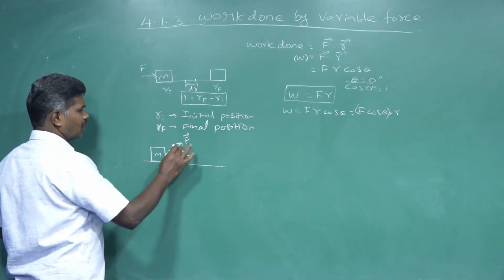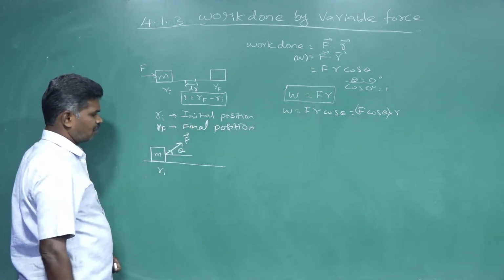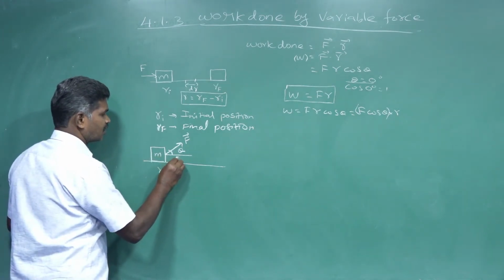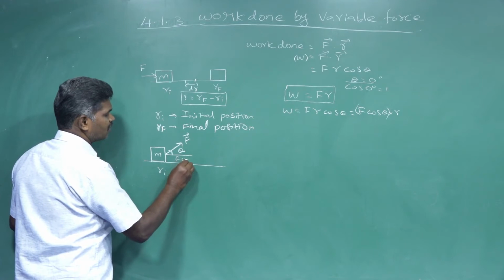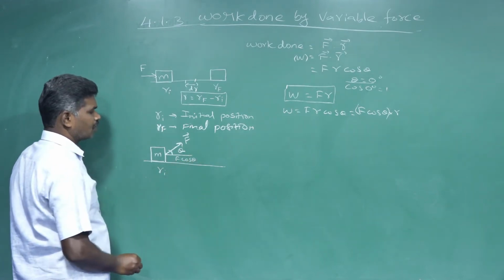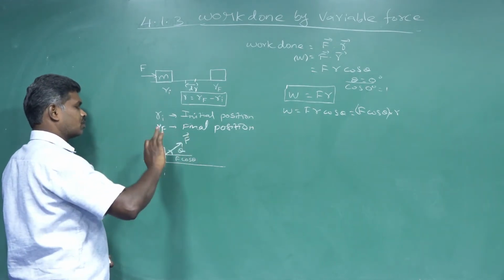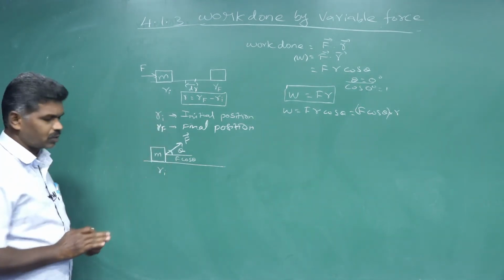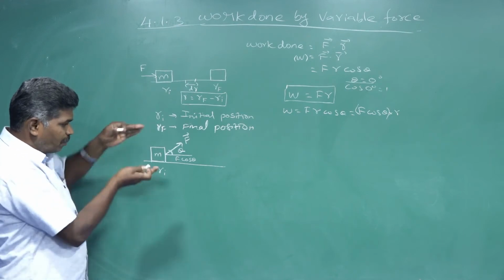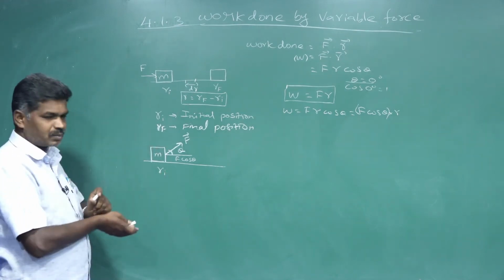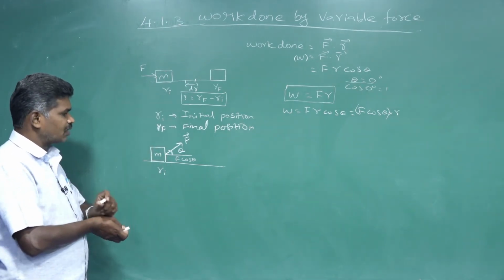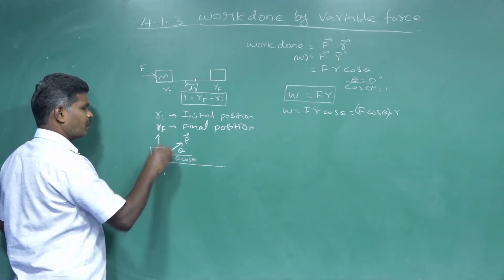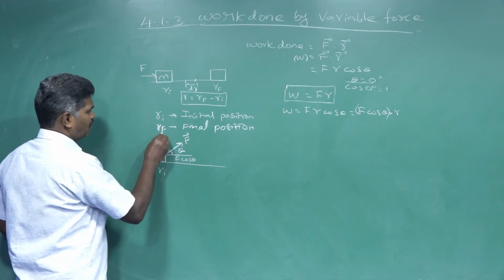That's why the component of the F vector which acts along the direction of the displacement can be taken as F cos theta. Taking magnitude only, in that F amount of force, a certain component acts in the direction of the displacement, that is F cos theta. We have another component, the perpendicular component, F sin theta.